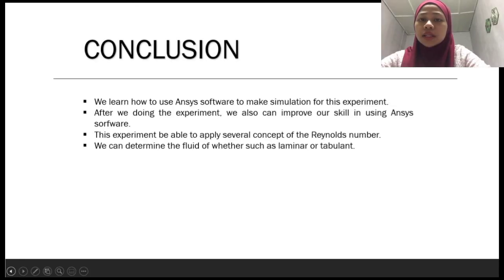In this experiment we also use ANSYS, and we learned how to use this simulation to develop the experiment, which can give others more knowledge about this. Next, what we learned during lab, we apply in doing this experiment. This experiment applies the concept of the Reynolds number, which is to determine whether the fluid is laminar or turbulent. That's all. Thank you.